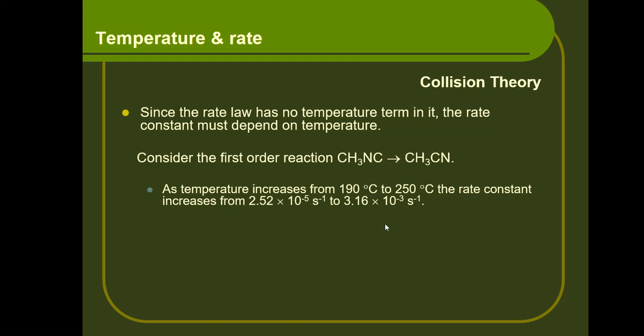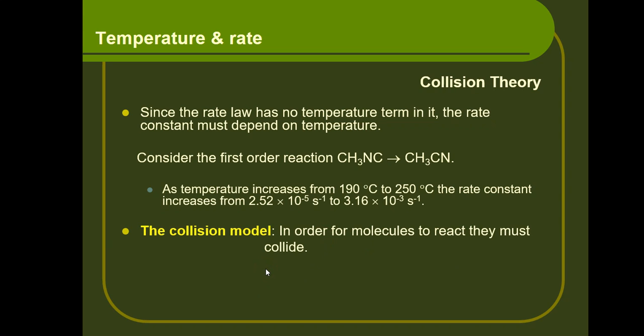So notice the corresponding unit for K for a first order reaction. There's an increase in the rate constant. Of course, if there's an increase in the rate constant, we expect a corresponding increase in the rate, because the rate is directly proportional to the rate constant, based on the formula. So how do we explain this?